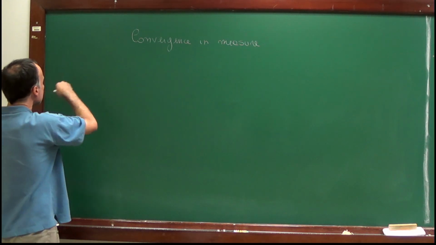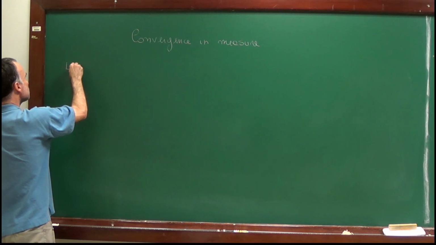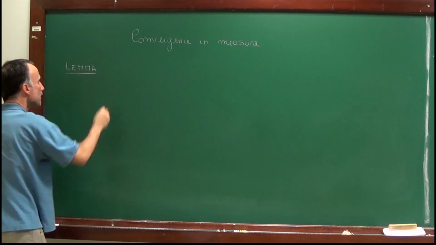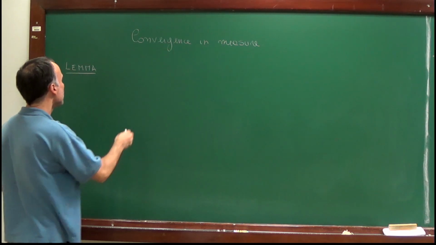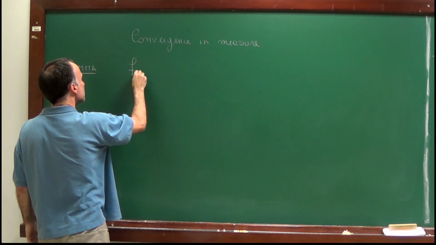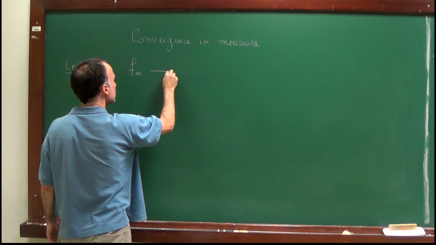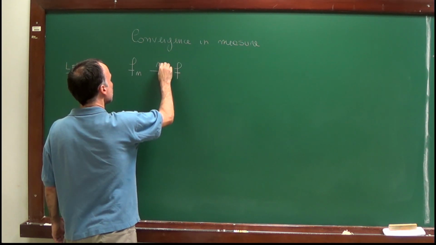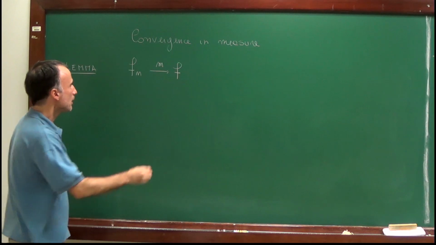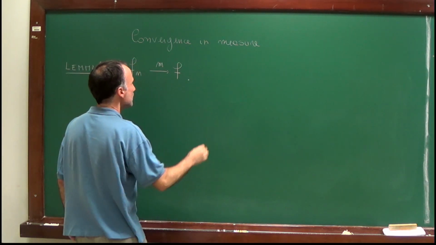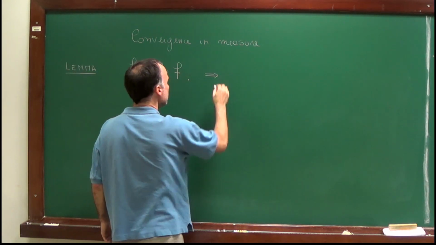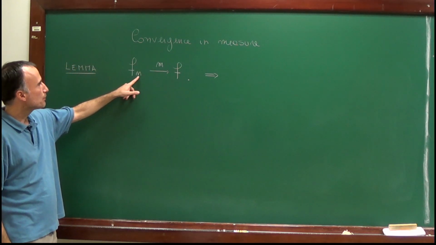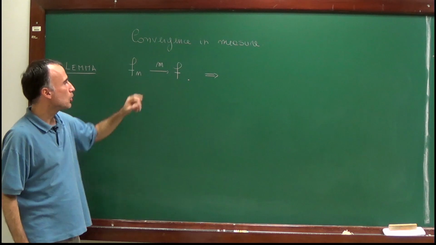So my first lemma is the following. Assume that you have a sequence Fn which is converging to F in measure. And my claim is that then I can find a subsequence nk which converges to F almost surely.